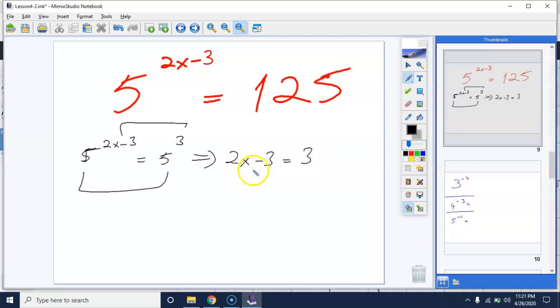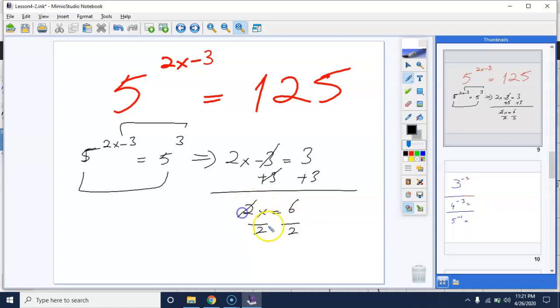Solve for x, get x alone. I'm going to do plus 3 on both sides. These two cancel each other. We get 6, so divide both sides by 2. So x should be equal to 3. That's my answer. That's how we solve them.